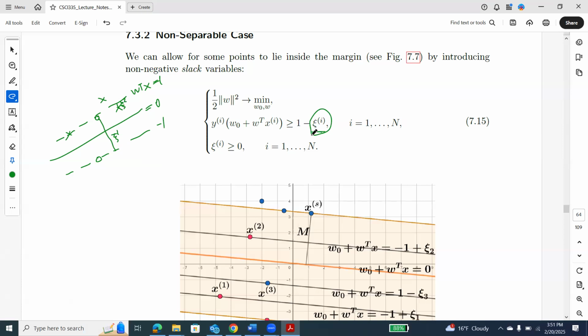If x is 0, it means that the point actually lies either on this line or behind this line, because margin will be greater than or equal to 1. If x is 1, where will we have our point? If x is 1, our point can lie on the decision boundary. So if x is 1, then we will have here 1 minus 1, 0.